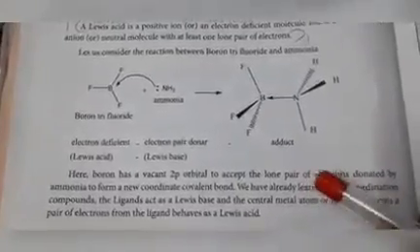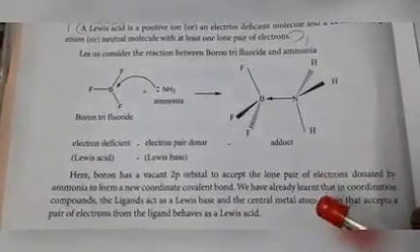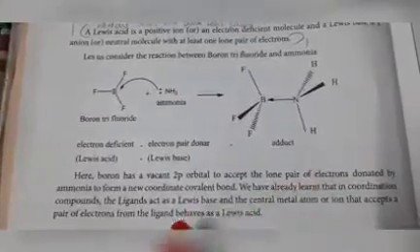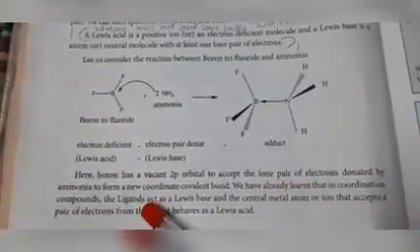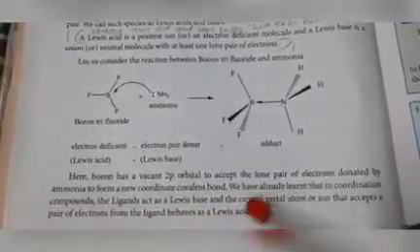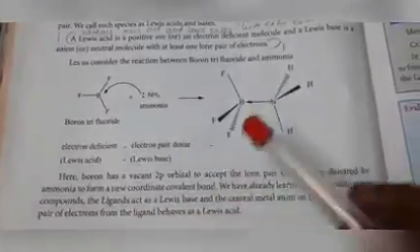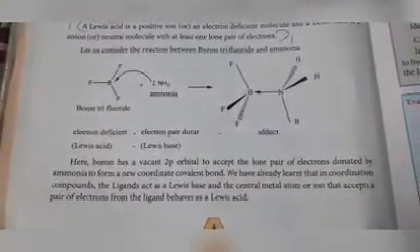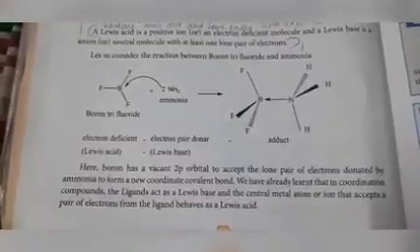We will learn that. Here you can understand that the ligand acts as a Lewis base and the central metal atom acts as a Lewis acid. These two lines are related to another lesson, coordination compounds.